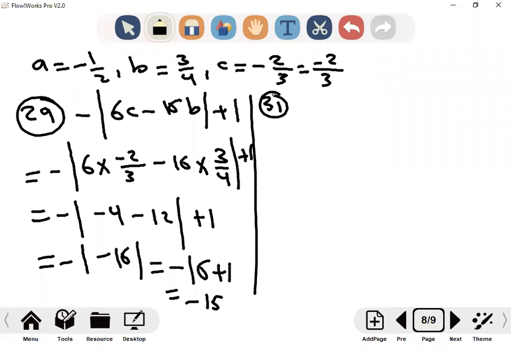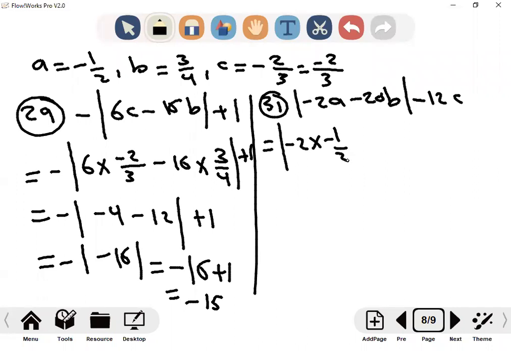We have absolute value of negative 2a minus 20b, all minus 12c, equal to absolute value of negative 2 times a, which is negative half, and minus 20 times b, which is 3 over 4, all minus 12 times c, which is negative 2 over 3. Okay? Yalla, this is equal to absolute value, here 1. Negative 2 times negative 1 is positive 2, divided by 2, 1.